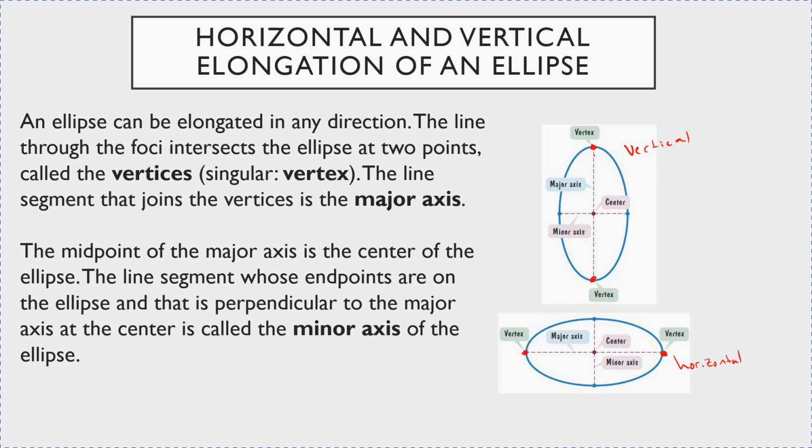If you draw a line connecting the two vertices, that is the major axis. We're going to need these vertices and this concept of a major axis to help us sketch the graph. So this major axis is really important to help us graph.